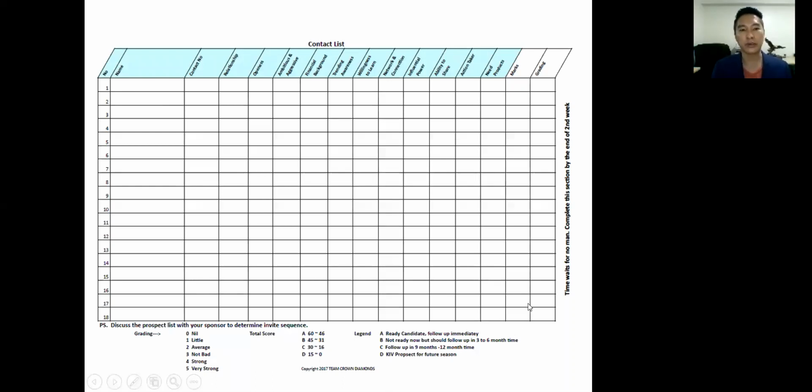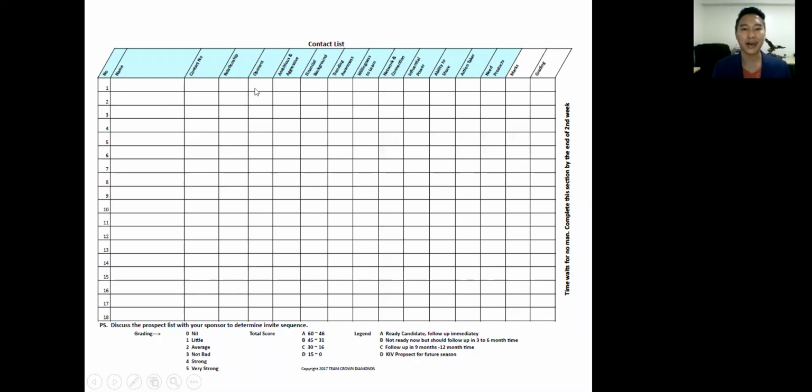When you have this name list, you can create your own name list as well. Basically you have the names, the contact number and relationship, and then openness, ambitious, aggressive, financial background, training awareness, willingness to learn, network and connection, influential power, ability to share, action taker, and need of products.